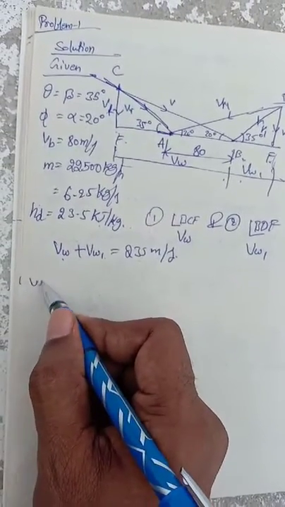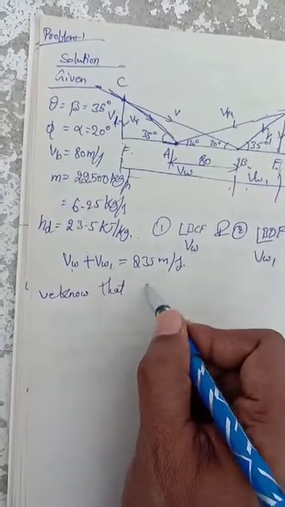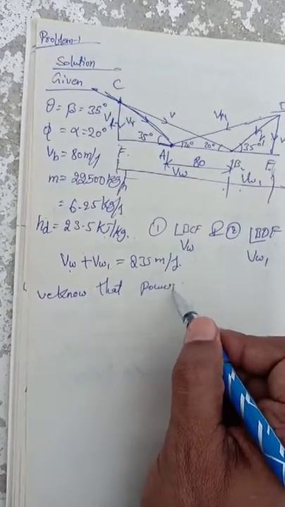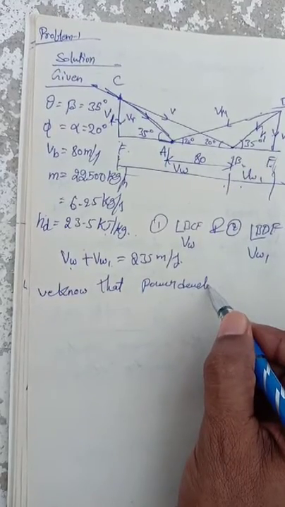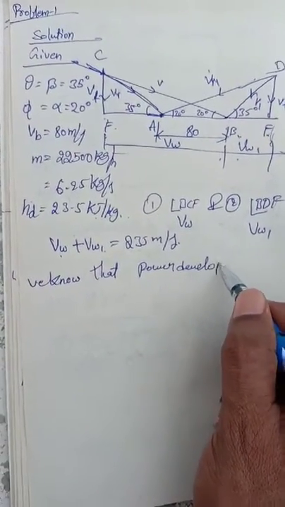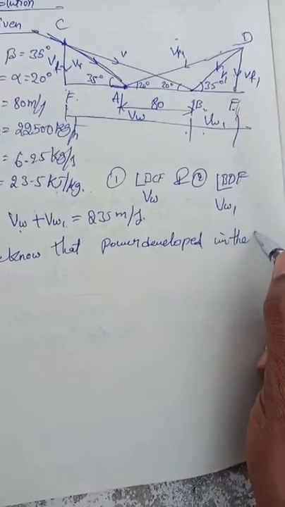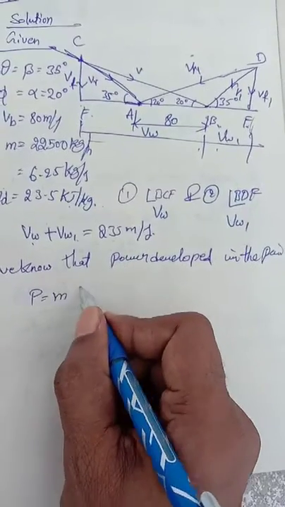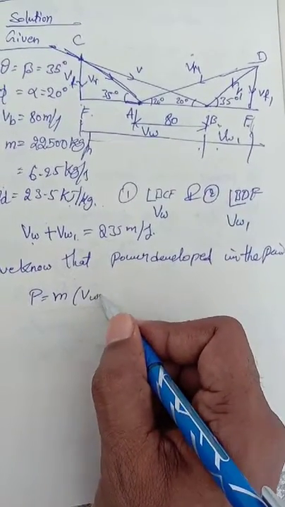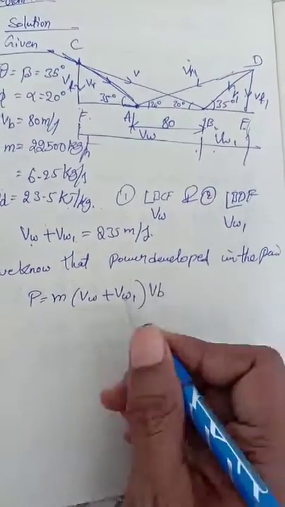So we know that the power developed in the pair, P is equal to m × (VW + VW1) × Vb.